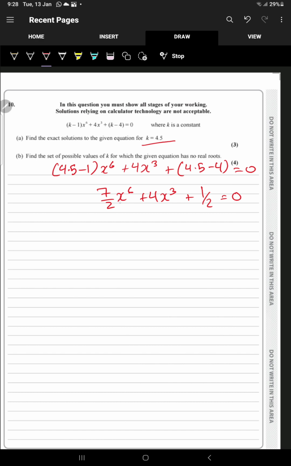Oh sorry, I just switched it around. 7 over 2 times x cubed squared, since 3 times 2 is 6, and this is x to the power of 3 times 1, because 3 times 1 is 3, plus a half is equal to 0. So now we have 7 over 2 y squared plus 4y plus a half is equal to 0.